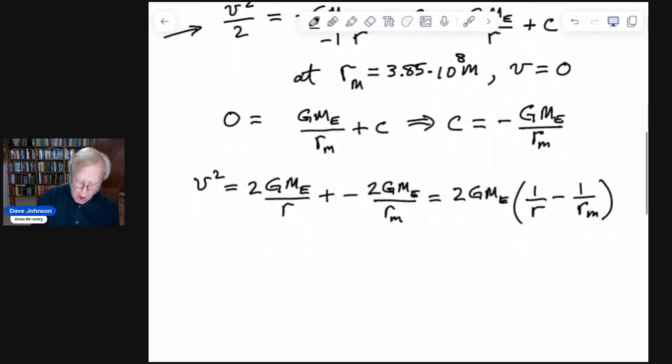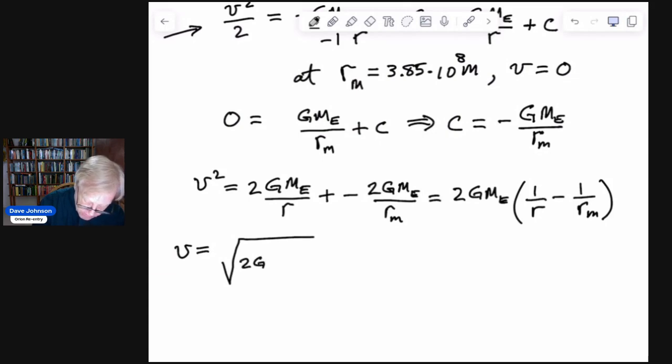Now, what is r? r is the distance from the center of the Earth at which we want to know what the velocity is. So one last thing we'll do, we'll take the square root. We get v is equal to, it's going to be a positive square root, so the square root of 2GM sub e times 1 over r minus 1 over r sub m.